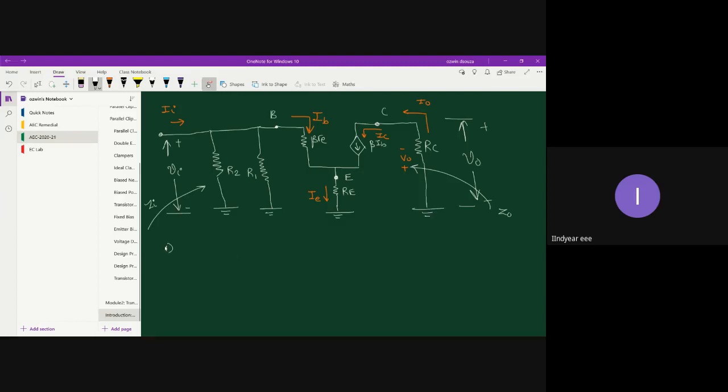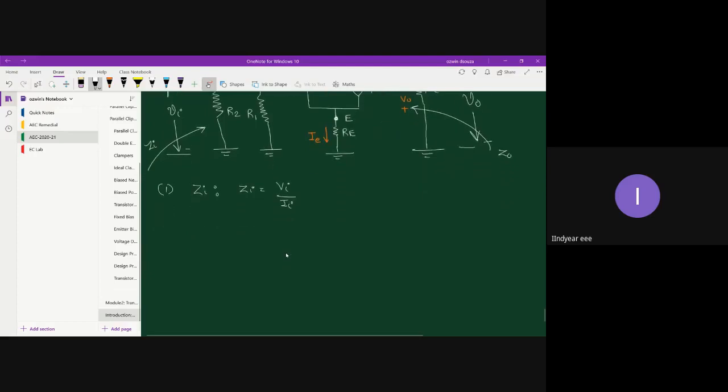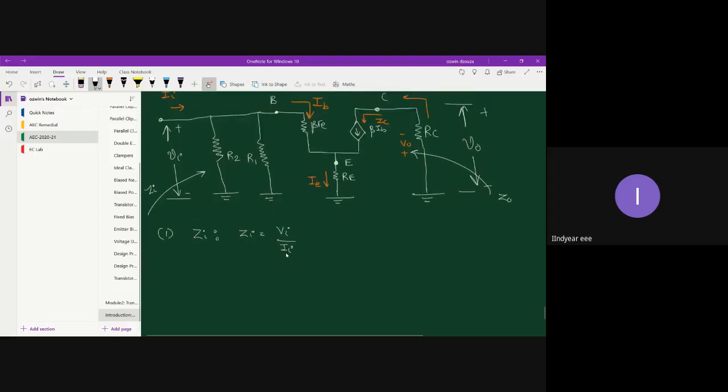So first, let us take up input impedance Zi. By definition, Zi can be found by taking the ratio VI by II, but we are not going to do it that way. We are going to consider the straightforward or inspection approach. So what is Zi? Can anyone tell me?